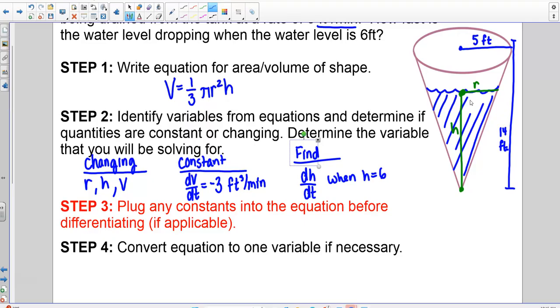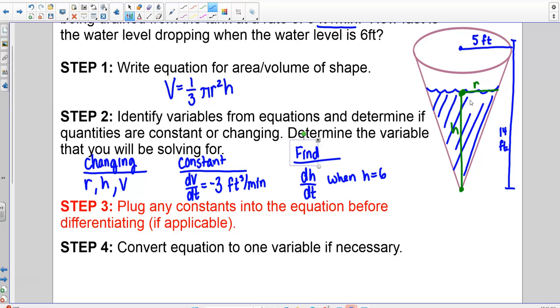Okay? So you're going to retain the same shape, just a smaller size, as the water decreases in the cone. So the ratio of the radius to the height will remain the same, like the ice cube for the last one.